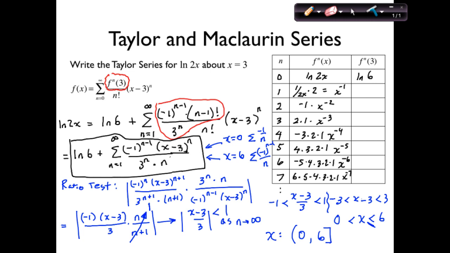While I'm getting that up, I'll just sketch the graph, and the graph of natural log of x looks like this. And we're centering at 3. While I'm getting the GC file ready, I want you to sketch the first 3 Taylor polynomials for natural log of 2x centered at x equals 3.